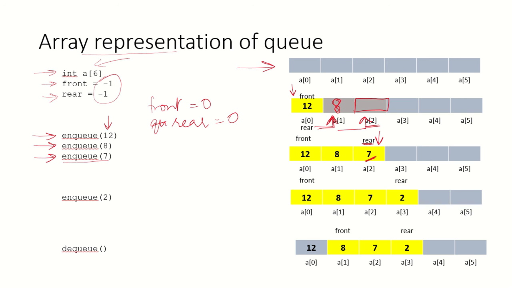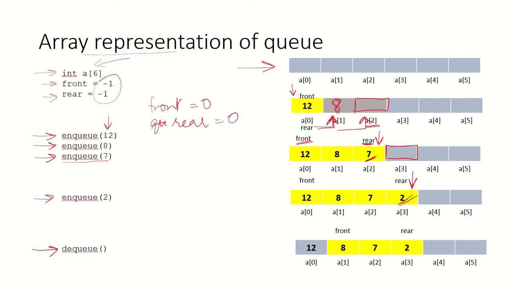Front is still pointing to the front element and it is still the same. Now there is another operation, enqueue 2. Again this is the next available space, so rear will be incremented again and 2 will be added. So rear is now pointing to A3, which contains the last element in the queue.